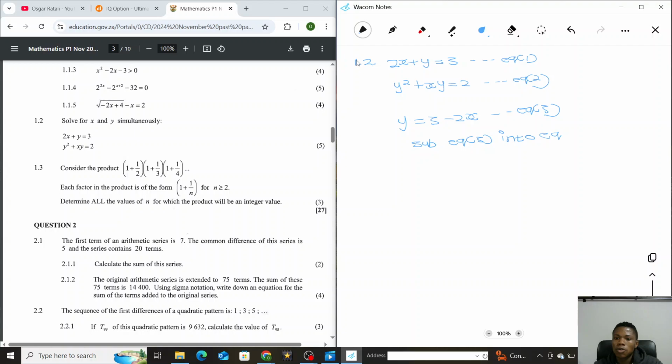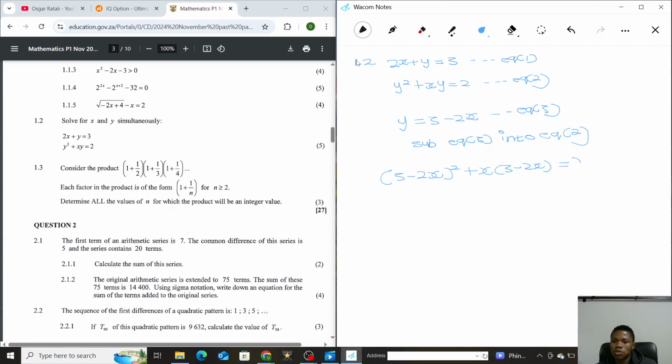That means when I see y, I'll substitute it by 3 minus 2x. Therefore, I'll have (3 minus 2x) squared plus x times (3 minus 2x) is equal to 2.